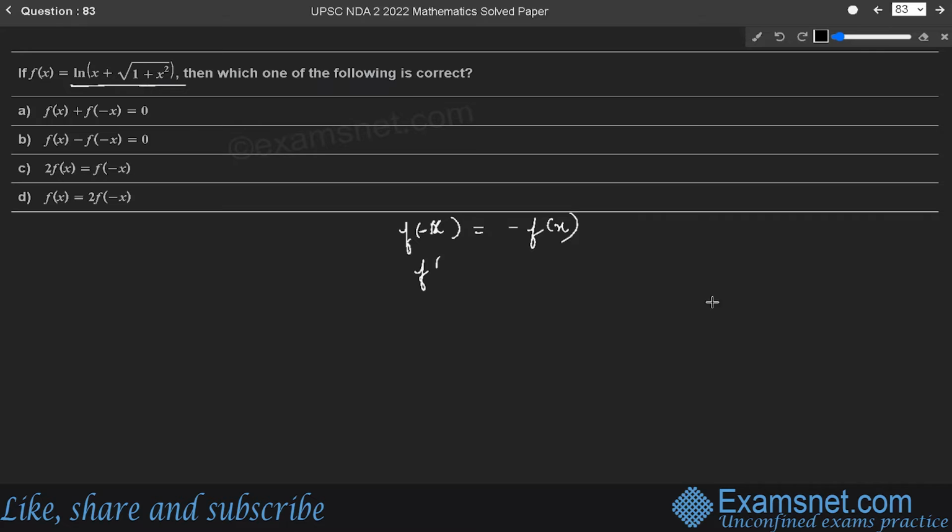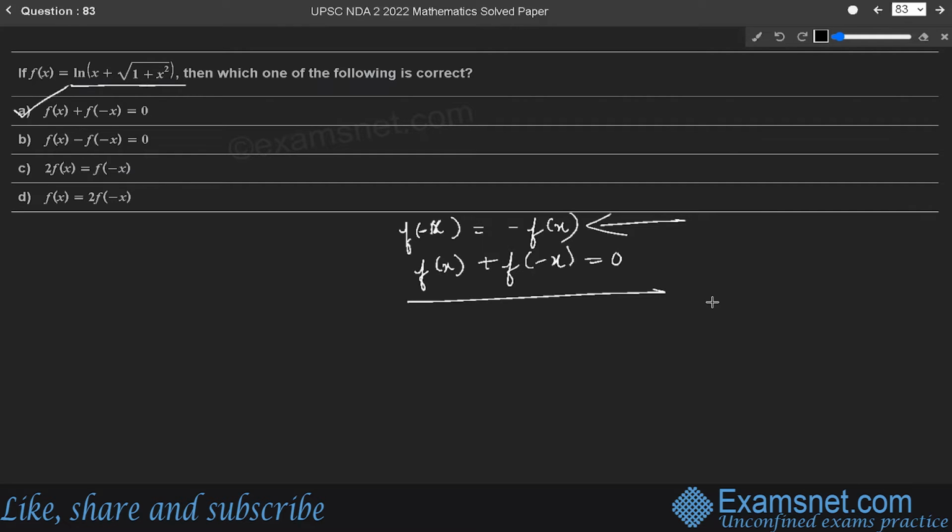It means that f of x plus f of minus x will be equal to 0. By using this concept, we can say that f of x plus f of minus x is equal to 0. So the correct option is option number A.